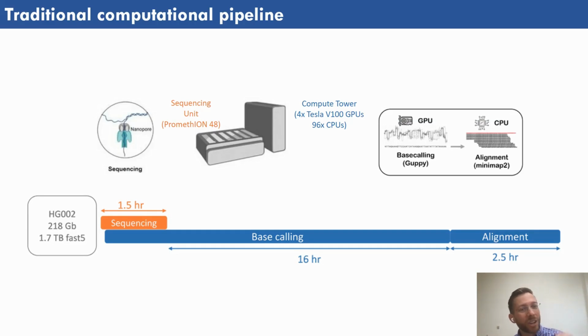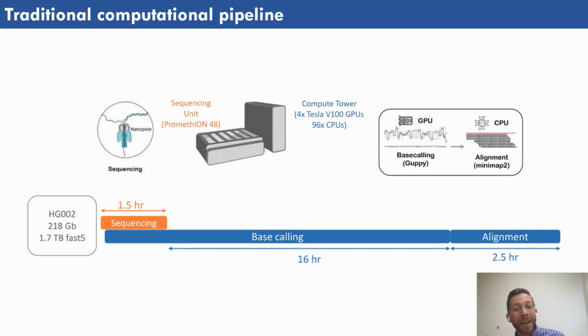With that said, if we use this computing tower in order to translate the change in electrical conductance to our sequence of DNA, and we do it in a linear fashion, the base calling, or just the part of translating that electrical conductance signal into the As, Ts, Cs and Gs, that would take a total of 16 hours.